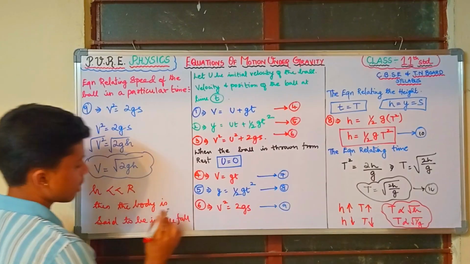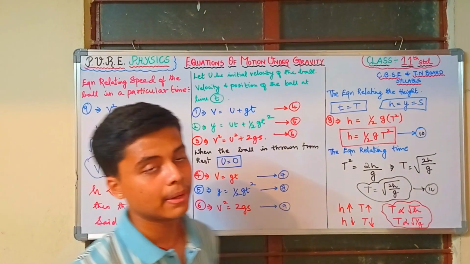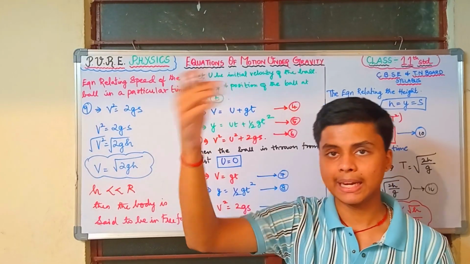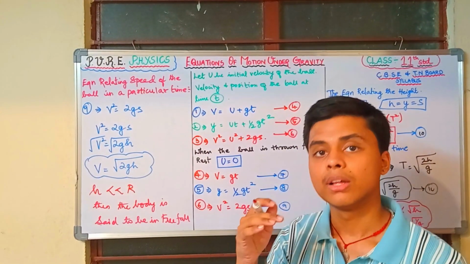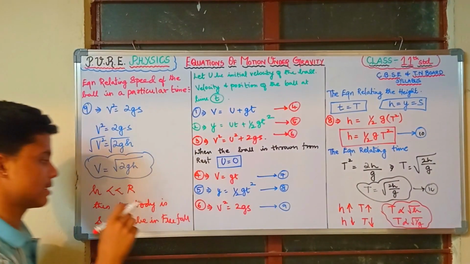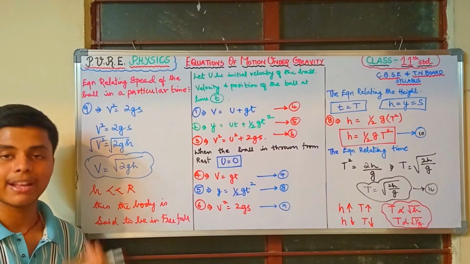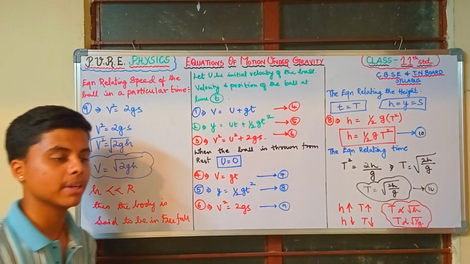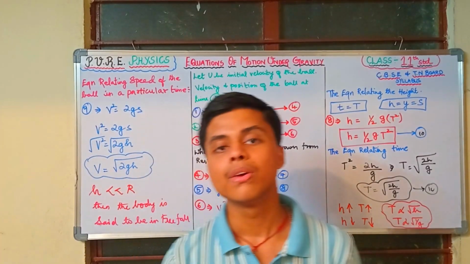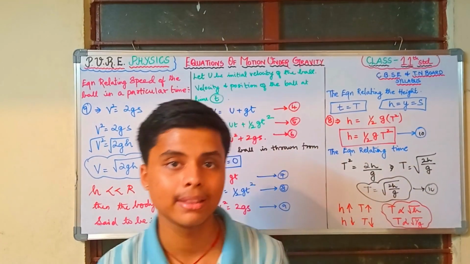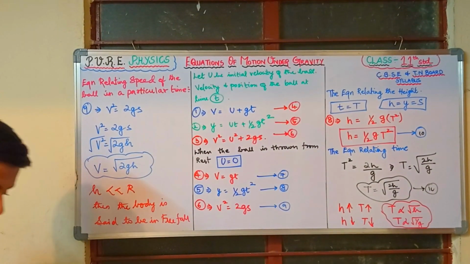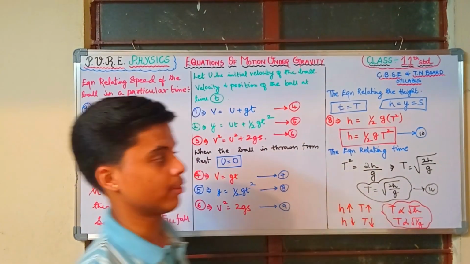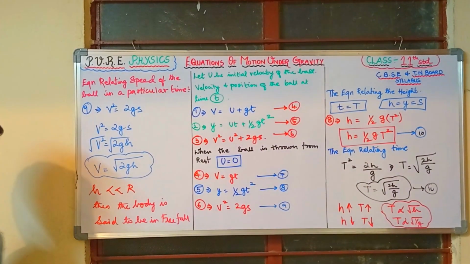So when the height of the particle falling to the surface of the earth is small compared to the radius of the earth, we say the body's motion is called free fall, which we learnt in the 10th standard of Tamil Nadu syllabus, first chapter, and we will also learn in this 11th standard.